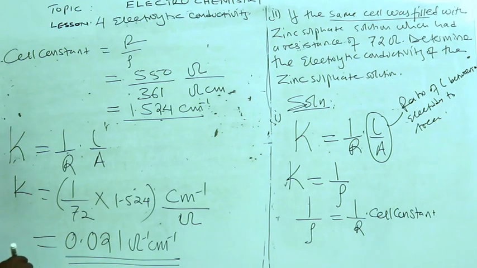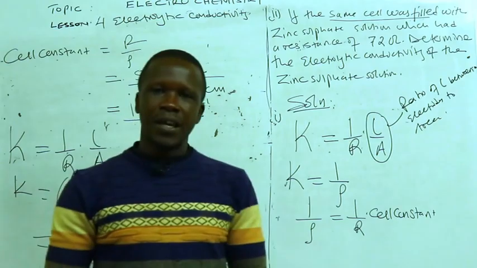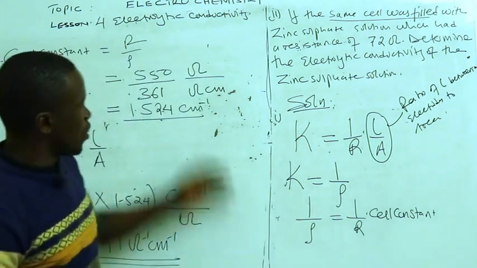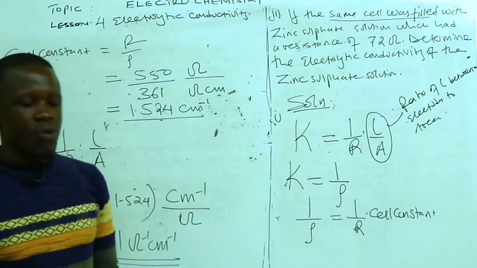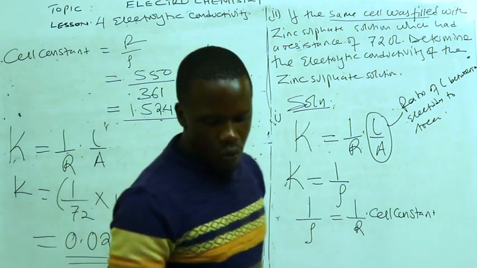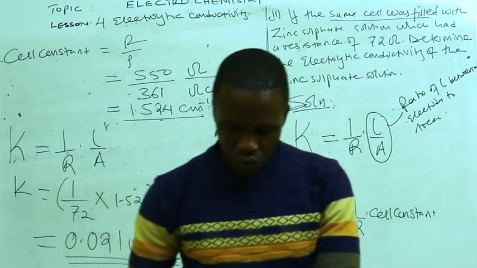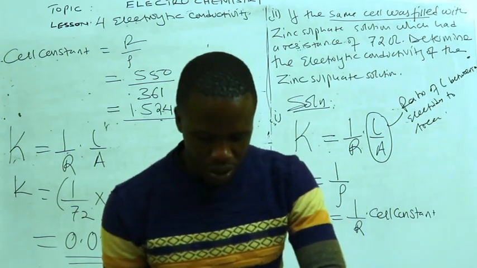Or someone could say S, which means per ohm, and then per centimeter. So this is how we approach these questions of conductivity. We can have one more quick one, and then we look at a different concept.